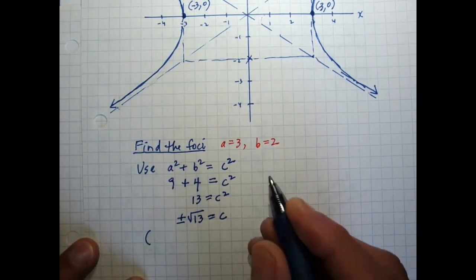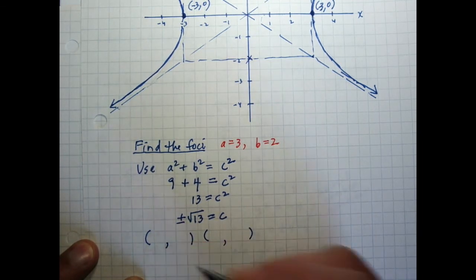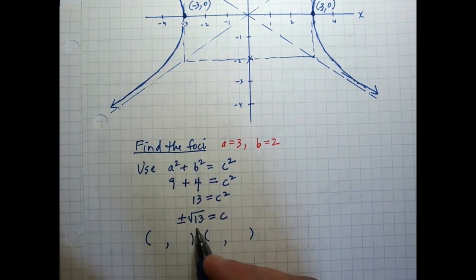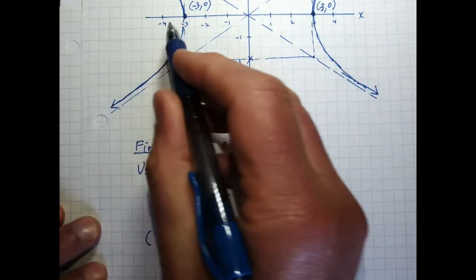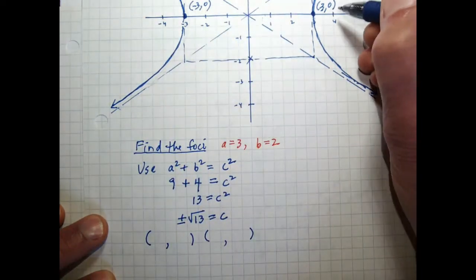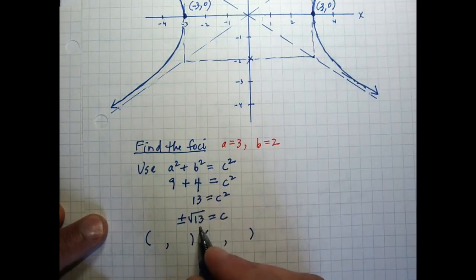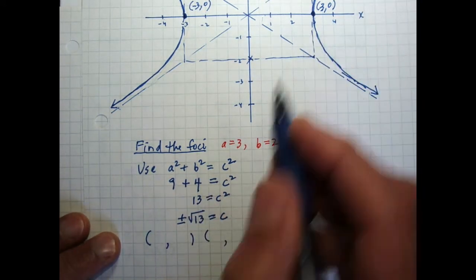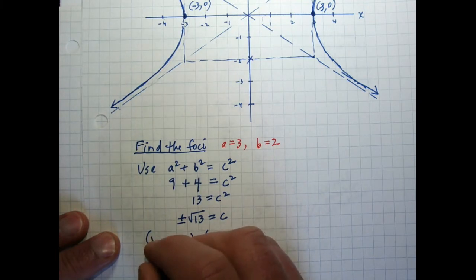So my foci now are going to involve square root of 13, negative square root of 13. I need to figure out now, do these go on the x or y axis? Well, if the hyperbola is in this position, the foci are going to be on the x-axis. So I know that in this example, the square root of 13 and negative square root of 13 are x-coordinates.